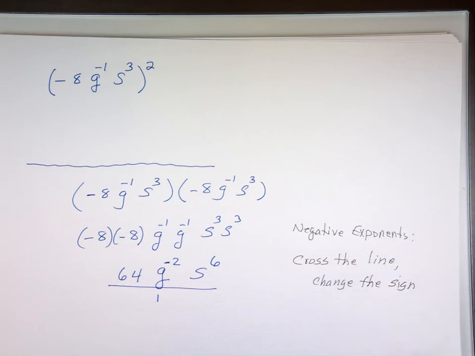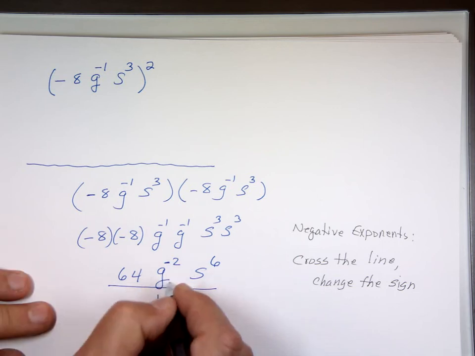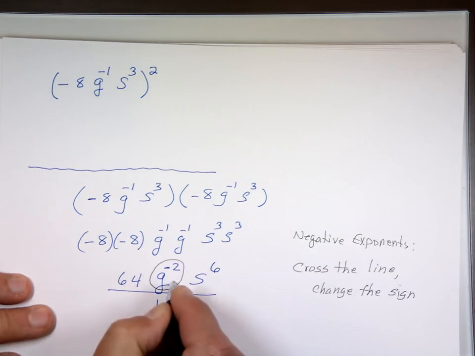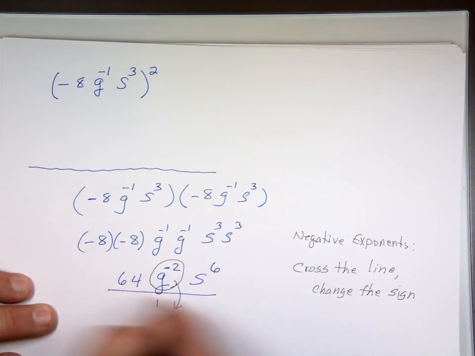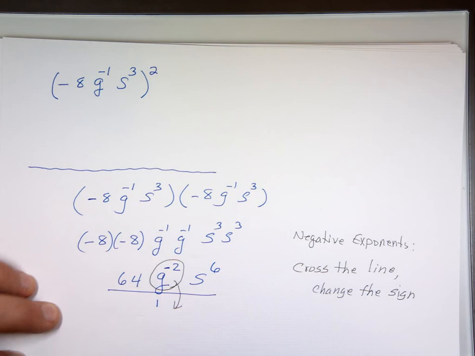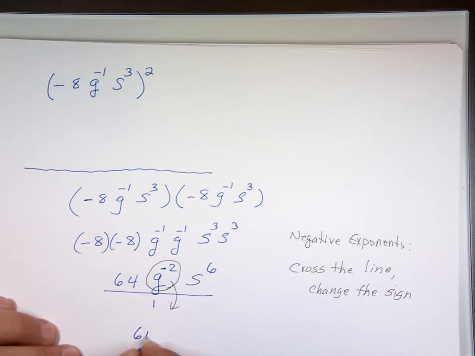What do I mean by that? Here's g to the minus 2. Negative exponent. If I bring it down, I'm crossing that line. If I cross the line, I gotta change the sign of that exponent. So that becomes what? 64 s to the 6 divided by what? G squared. And that's the answer you want to put there.